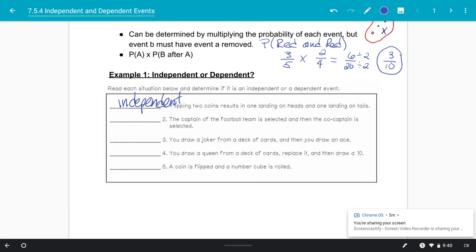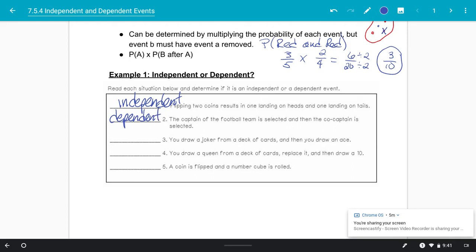Then once that person is selected, to pick the co-captain we're going to have one less person to select from. So the result we get on the first selection for the captain will affect our selection of co-captain, right? That person can't be selected for both. So these two events would be considered dependent.